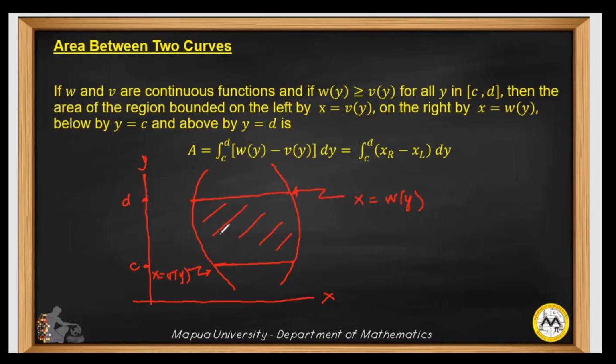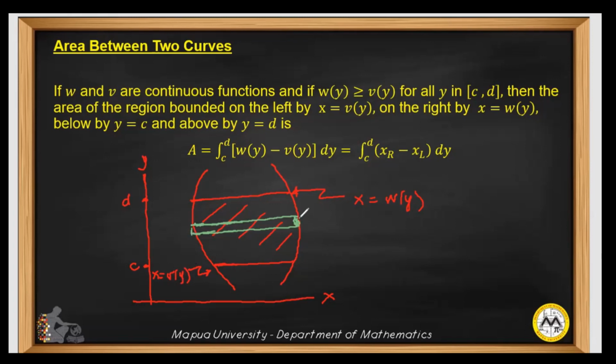And if the region is bounded by two curves on the left and on the right, it will be more convenient to use a horizontal element this time. Now, if we consider a horizontal element and draw it anywhere on the region, it will always be bounded on the right by x is equal to w of y, and on the left by x is equal to v of y.